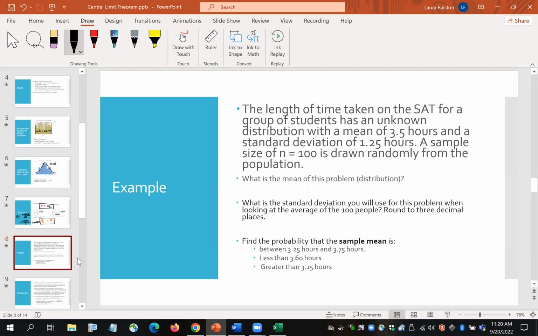This one says the length of time taken on the SAT for a group of students has an unknown distribution with a mean of 3.5 hours and a standard deviation of 1.2 hours. A sample size of n equals 100 is randomly drawn from the population.